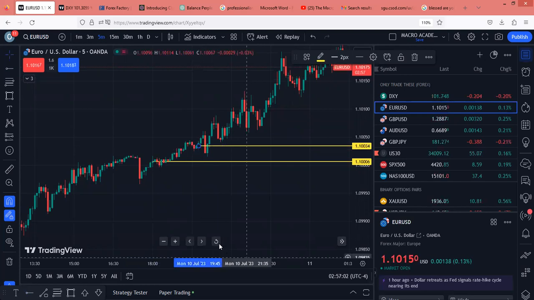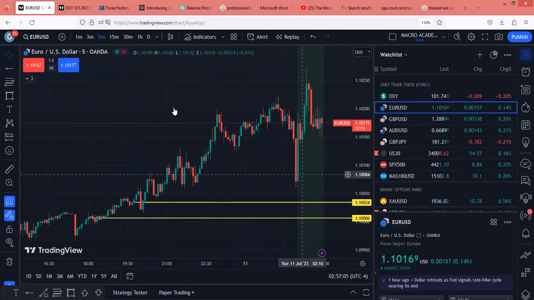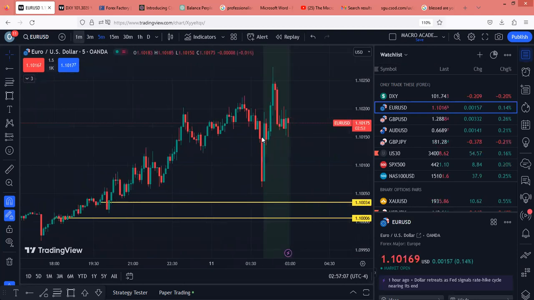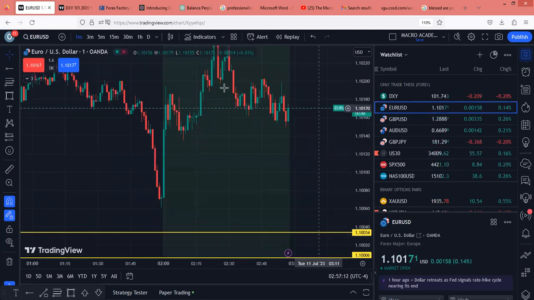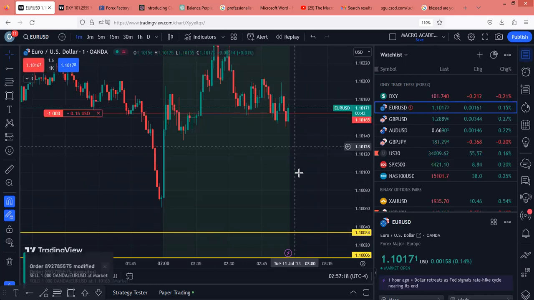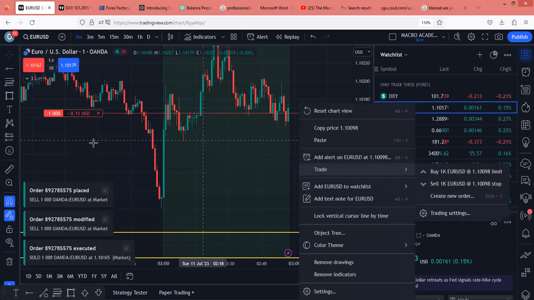Okay, so let's see what price is doing on the 1 minute chart. Yeah, so this is my cue to actually sell. So at this point, I would sell. Place my stops right here.